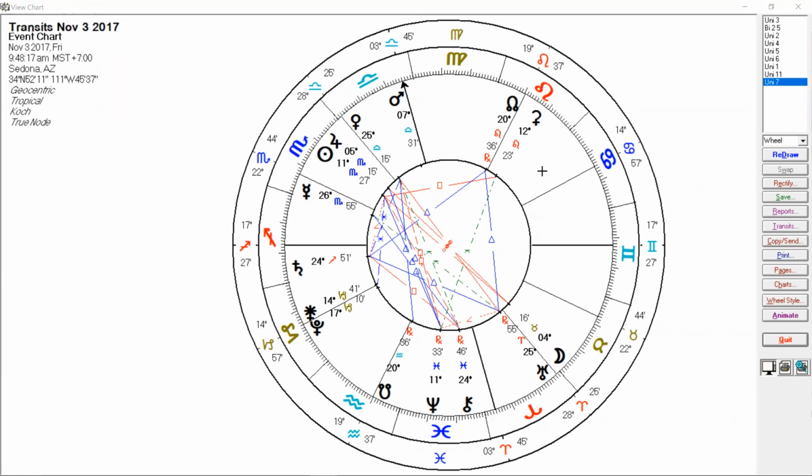They cannot not respond to each other. So that Sun will always be linked to that Moon in this chart and will always be linked to that Jupiter in this chart. That Sun is not alone, it's mitigated by these other energies.